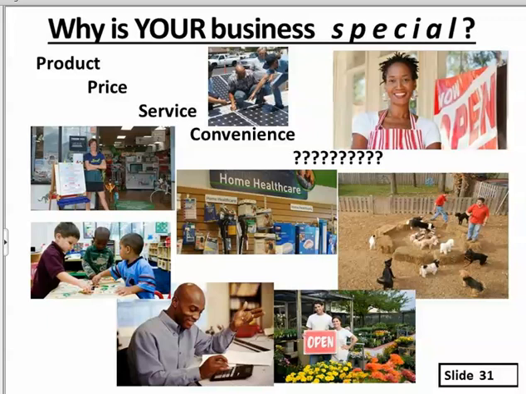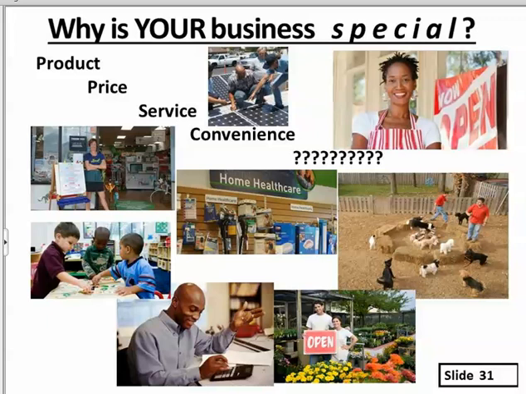You can compete on a better price. You could compete on better service, and you can compete on being more convenient. So you want to know how your marketing idea will fit into that situation, so that you can identify what makes you special. Because if you're not special to your customers, they're not going to come.